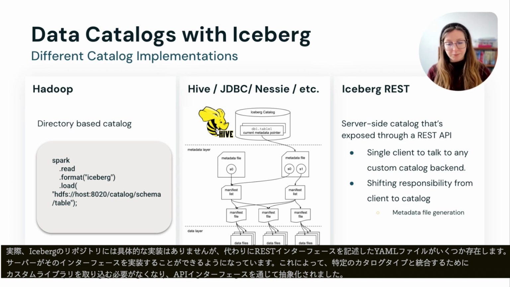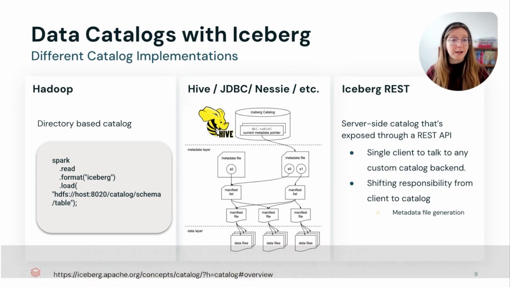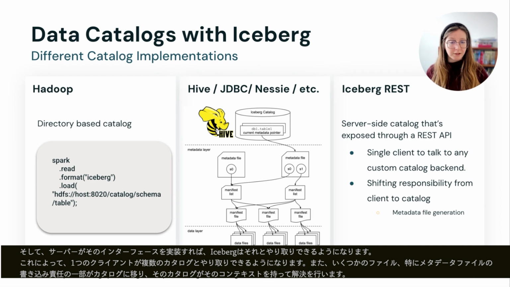So now we have this abstraction. You don't need to pull in these custom libraries for each catalog type you want to integrate with. We've abstracted that through an API interface, and as long as a server implements that interface, Iceberg can interact with it.